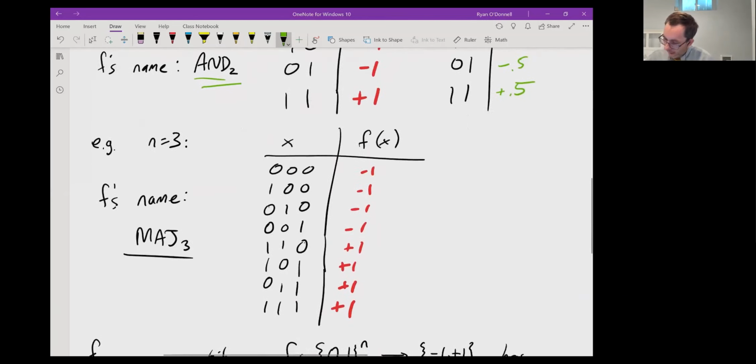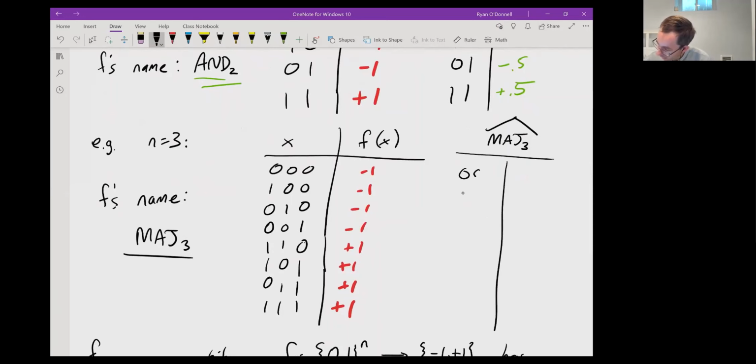Okay, and I'll also do it for the majority of 3 function. Since f's name here is majority of 3, I can write majority of 3 with a giant hat on it. And let's do it. I'm going to write it all out. I'm going to get good at this. 1, 0, 0, 0, 1, 0, 0, 0, 1, 1, 1, 0, 1, 0, 1, 0, 1, 1, 1, 1, 1.